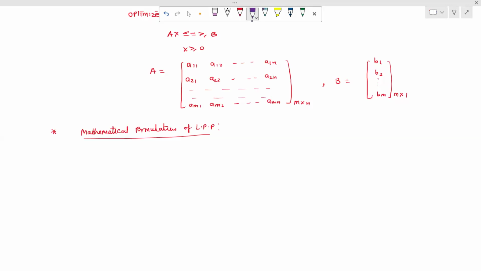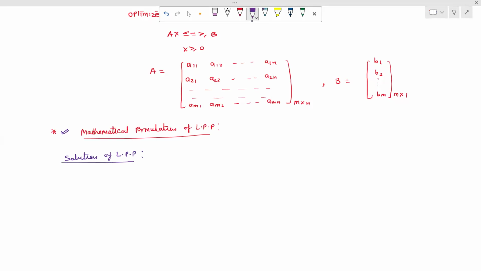So once we do the formulation, then we also require the solution. So we just write down the solution also here. The solution of linear programming problem. So how to do the solution of linear programming problem?